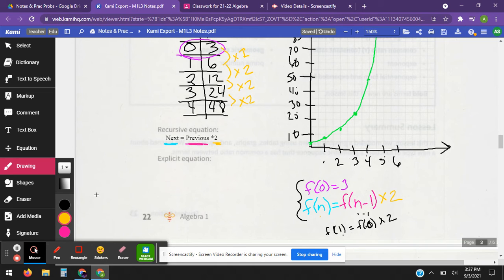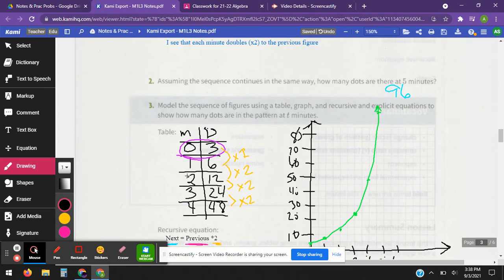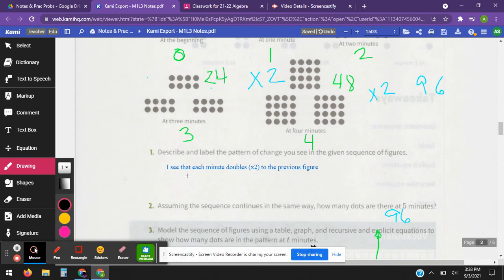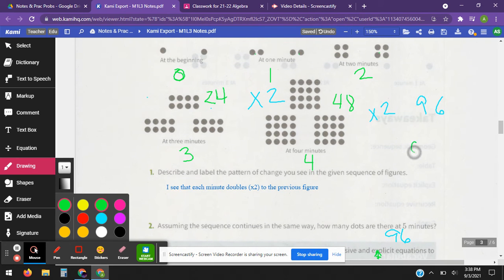All right, so then our explicit equation for it is f of x equals, well, how does this work? Let's set this up previously. I'm going to zoom back up here to where we have our table and kind of make my chart that I did earlier, the last one. So I start with 3. I'm starting with 3.